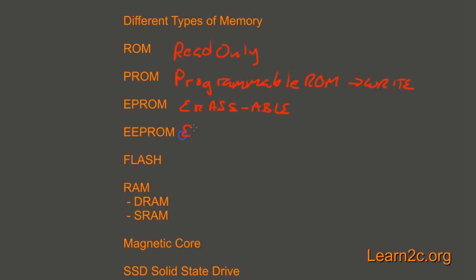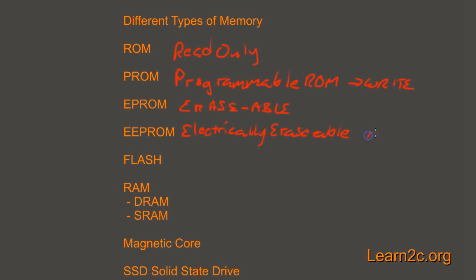Finally, we have something called electrically erasable programmable read-only memory. What a mouthful. Basically, that is memory that we can go in, write it, and go back later, change it again, erase it, do whatever we need to some number of times.